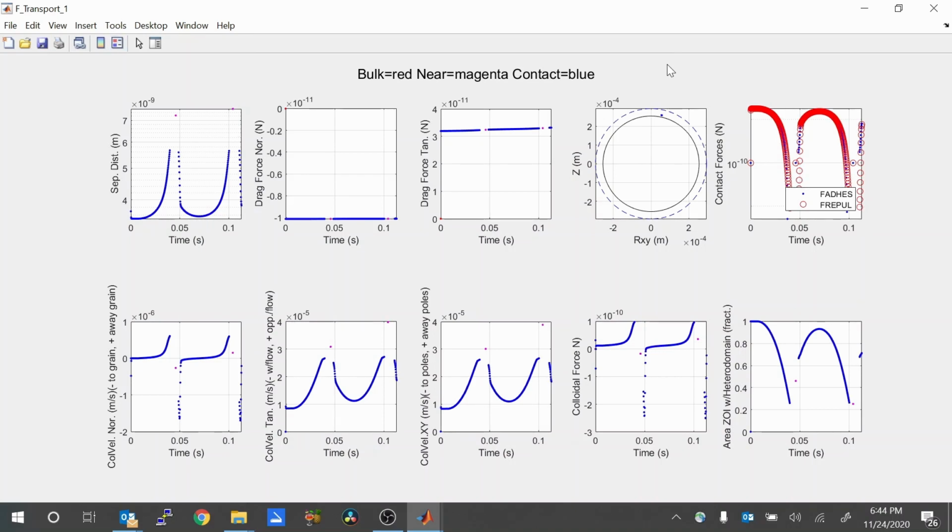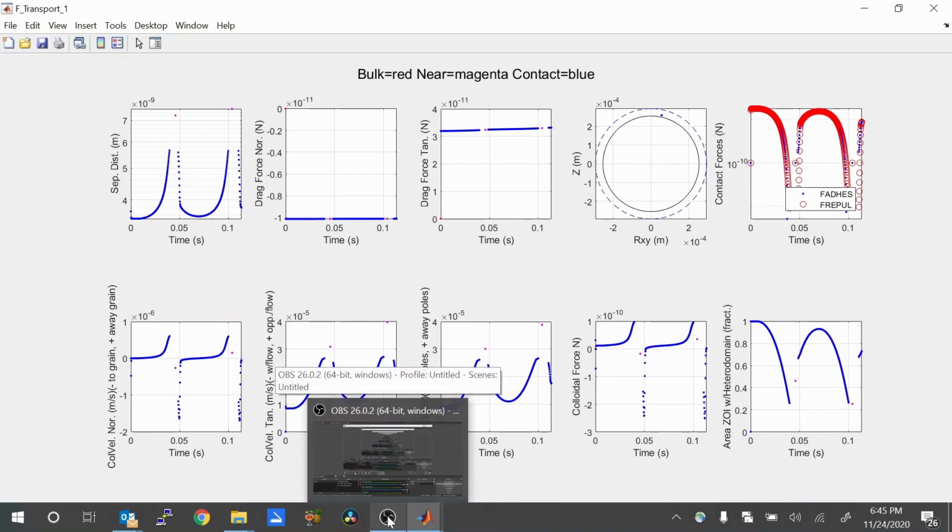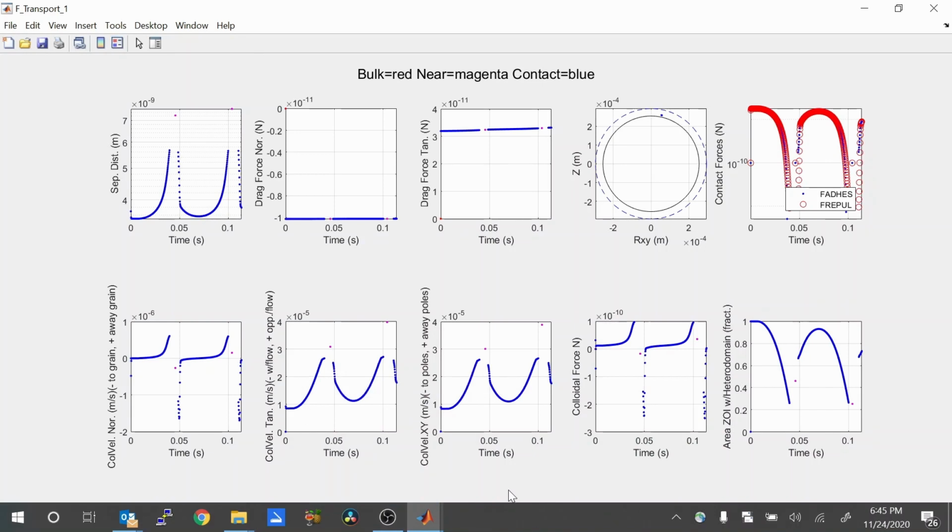It would skip and very possibly, in fact, not encounter other heterodomains because they may not be directly in the path. So this is a behavior under high surface coverage by heterodomains. The point is, though, that this colloid is being mobilized.